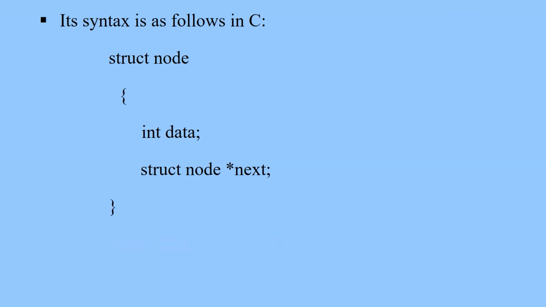Then this statement here initializes the content of the memory location being pointed to by start to null, and it also assigns null to the memory location being pointed to by the pointer called start1.